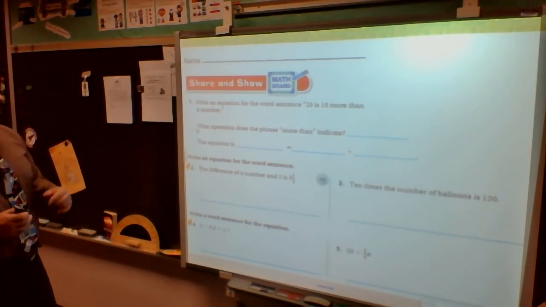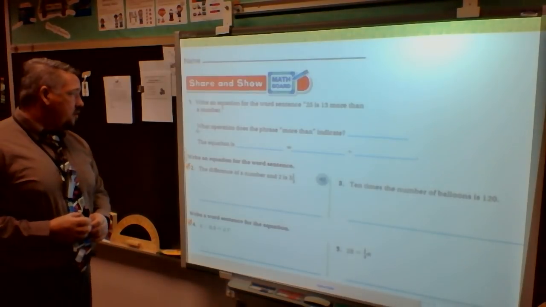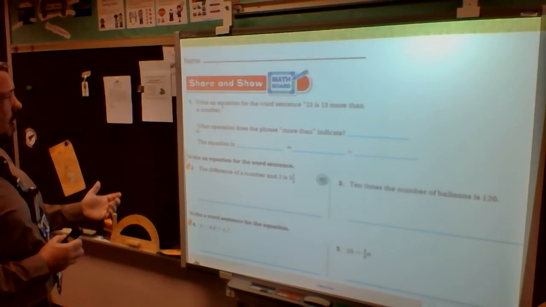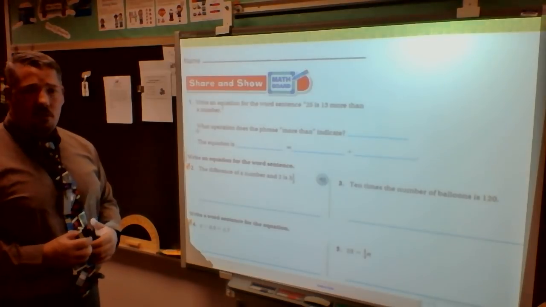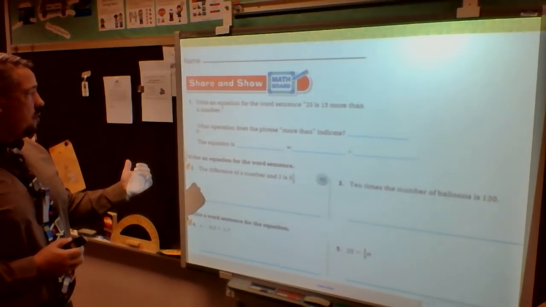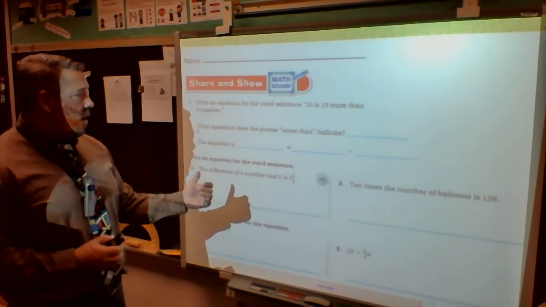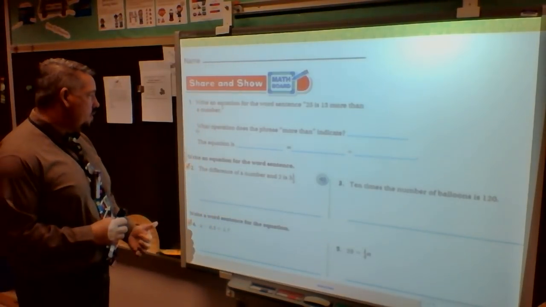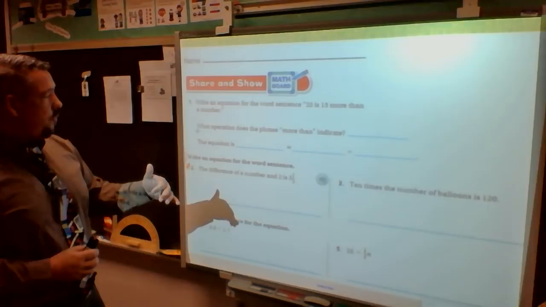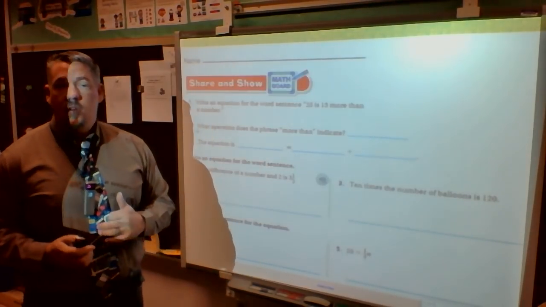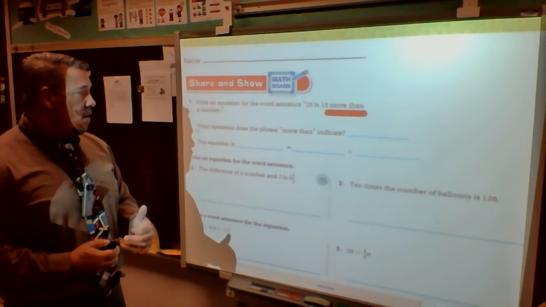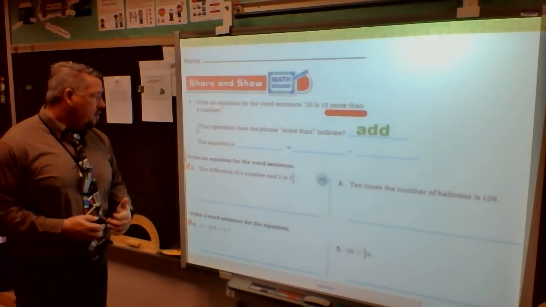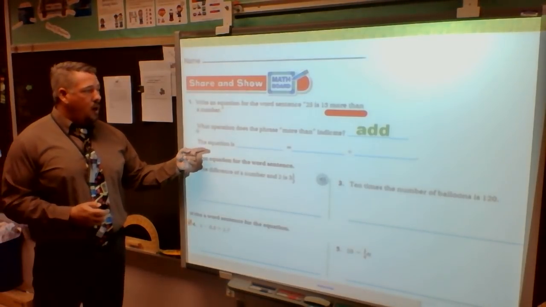So on this page, we begin working our share and show. It says to write an equation for the word sentence. So I'm going from words into numbers and letters. 25 is 13 more than a number. What operation does the phrase more than indicate? So hopefully you automatically know that that's addition. So I'm going to add, and the equation would be what?